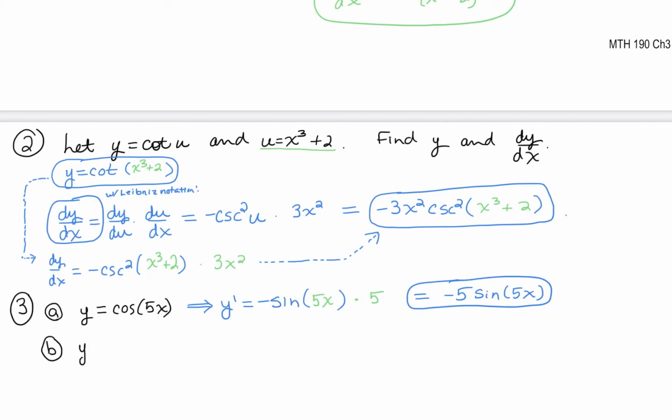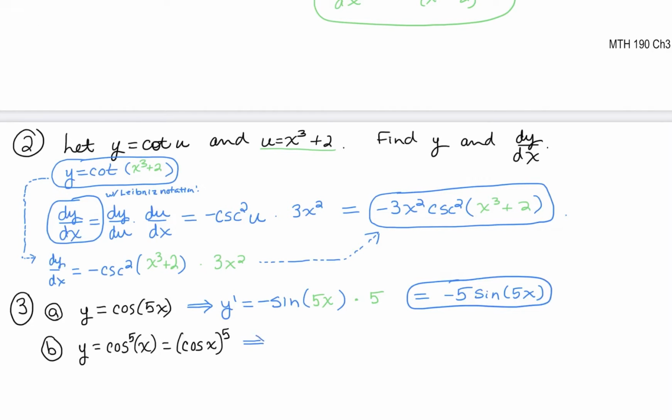All right, now let's look at y equals cosine to the fifth of x. First of all, you always need to remember with your trig functions, if I say cosine to the fifth of x, that's really cosine of x being raised to the fifth power. So we need to know that. Now, what is my inside function?